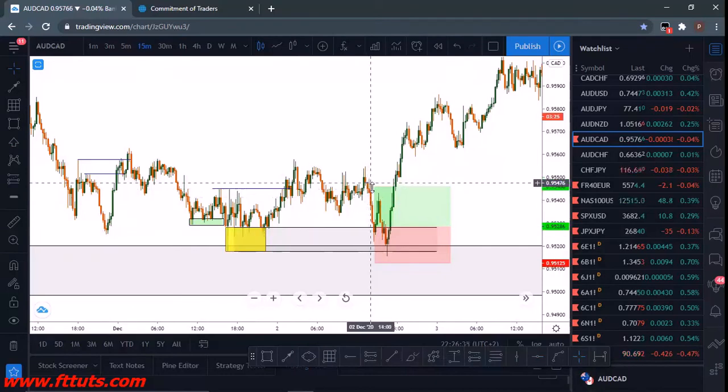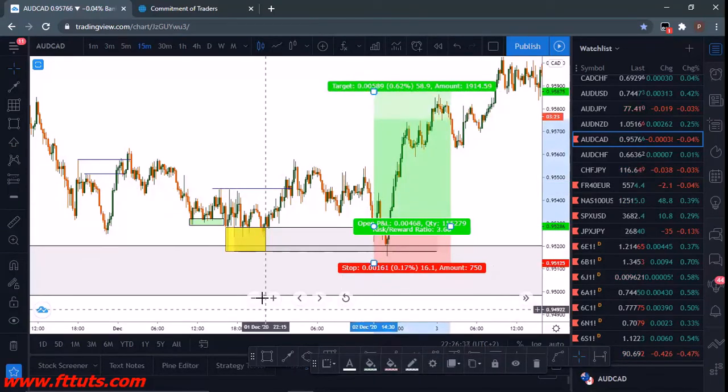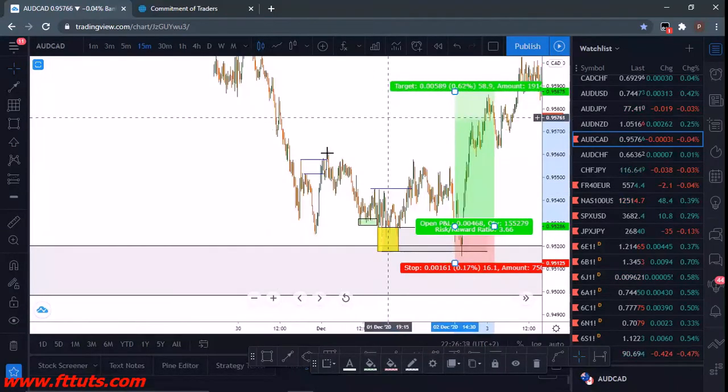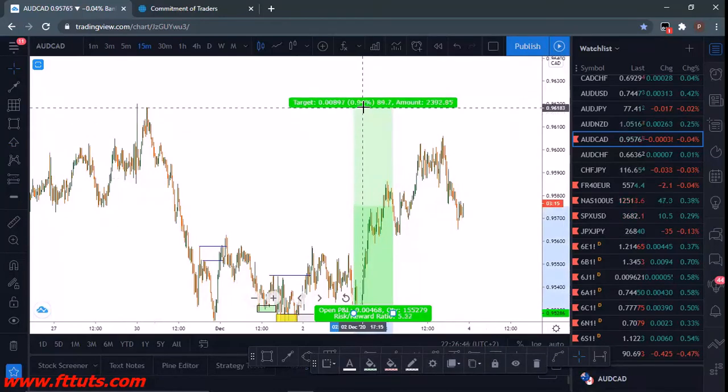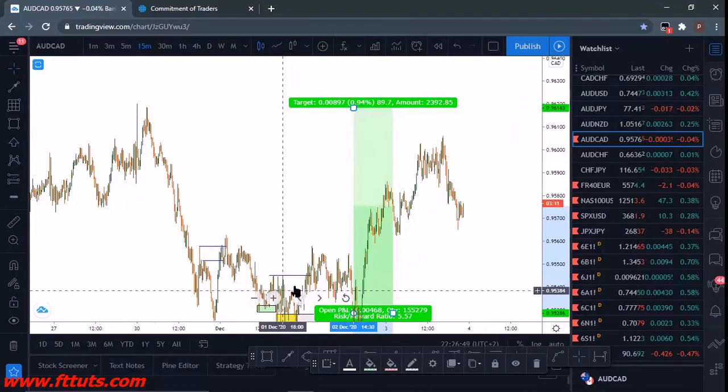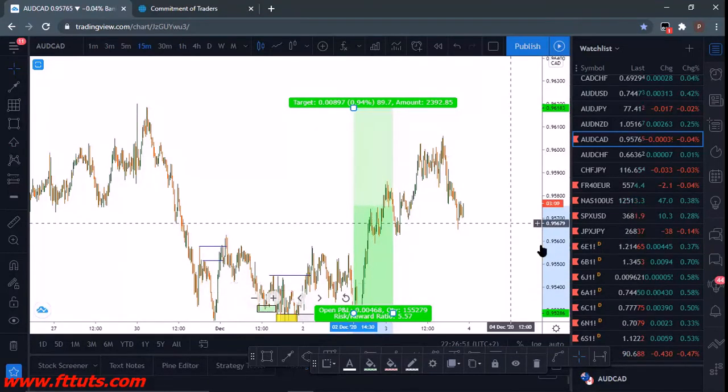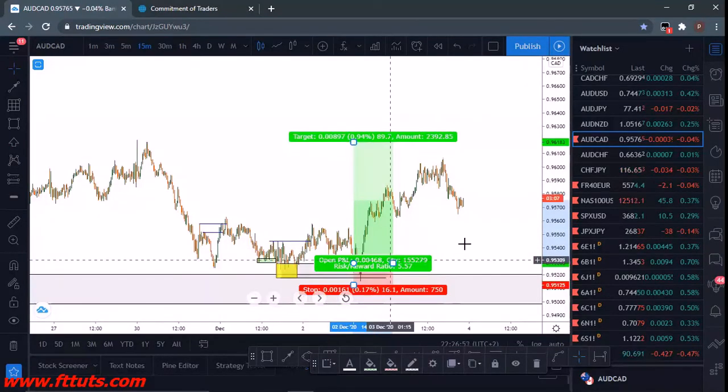That's your 5p below. Then you will have your targets anywhere up. I was targeting this area here, these highs. Those were my targets, my initial last target.